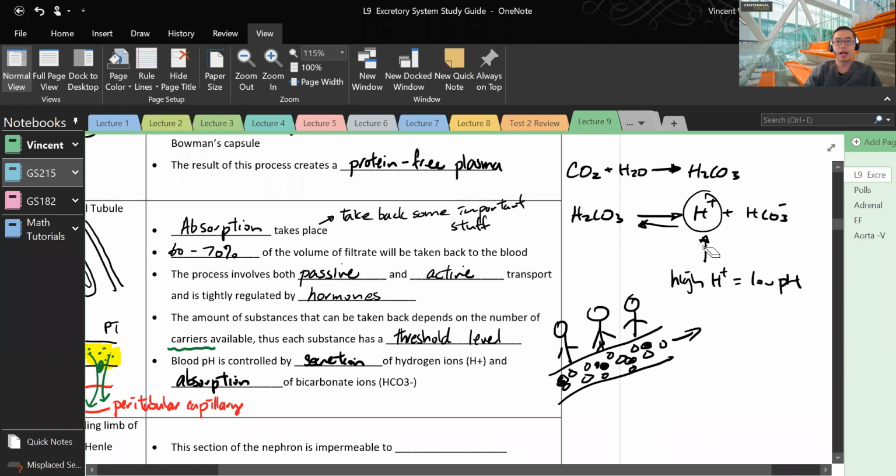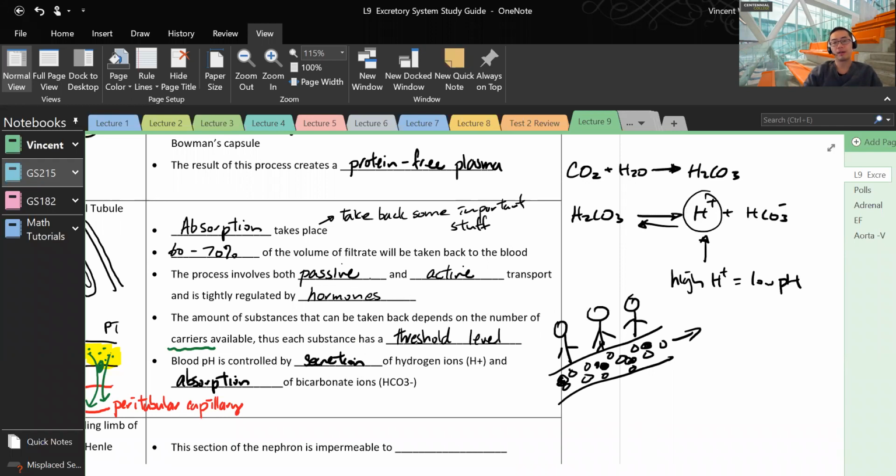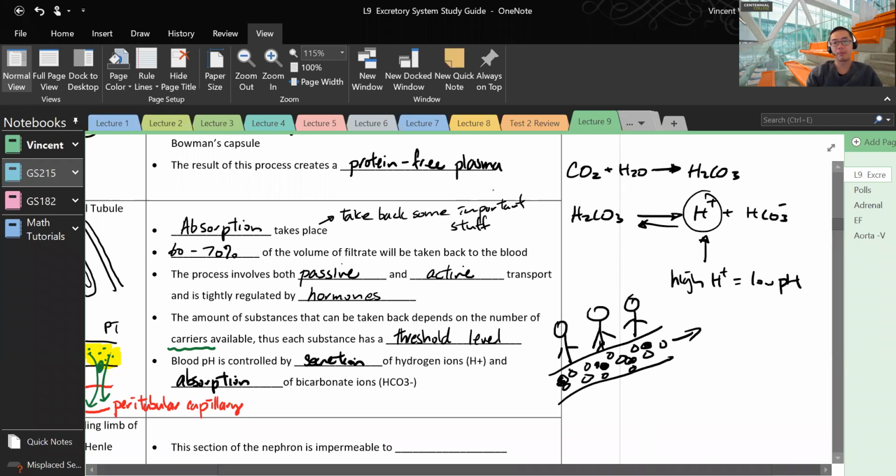Well, if you have too much H+ in the body, then you can get rid of some of it by secreting it into the urine. If you have too much H+ in the blood, let's just put it in the urine and pee it out, and that could help bring your pH back up a little bit. In addition to removing the excess H+, you can absorb bicarbonate from the filtrate.